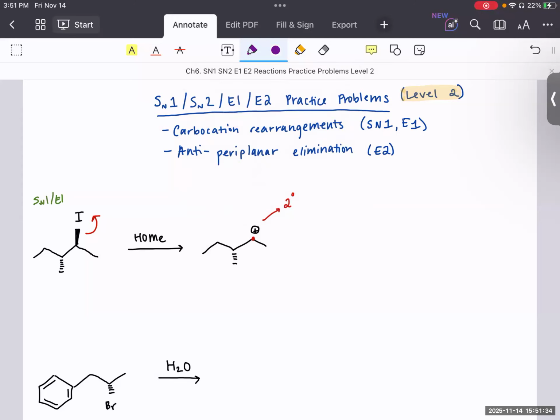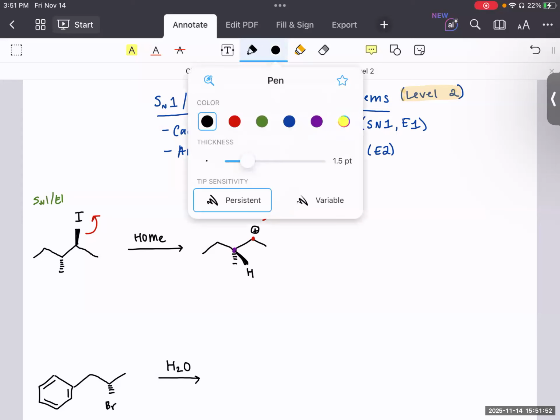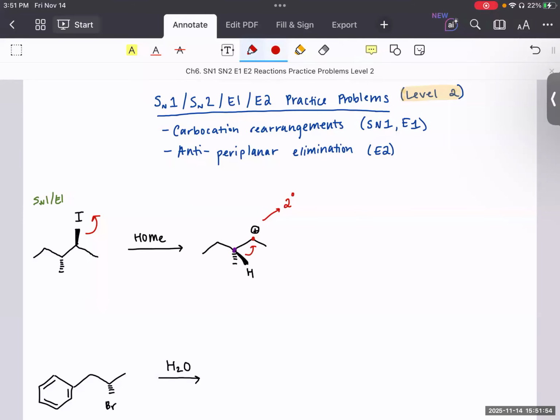And so for that, we want to take a look at the nearby carbons. And so here we can see that this purple carbon right here has a position where we could potentially have a tertiary carbocation. And so to get that tertiary carbocation, this hydrogen, which is drawn in here, could shift over. And so we would get a 1,2 hydride shift.